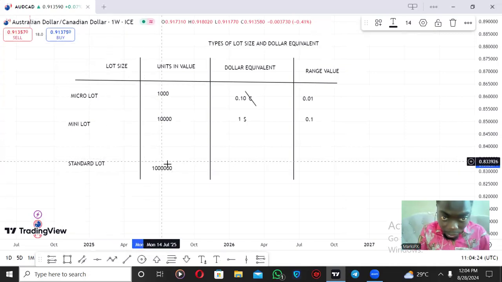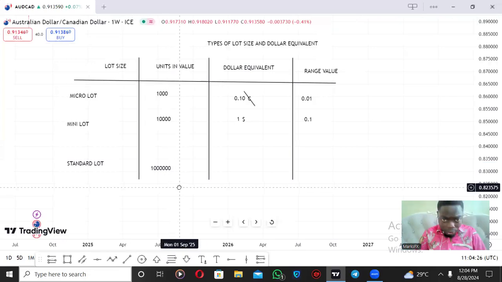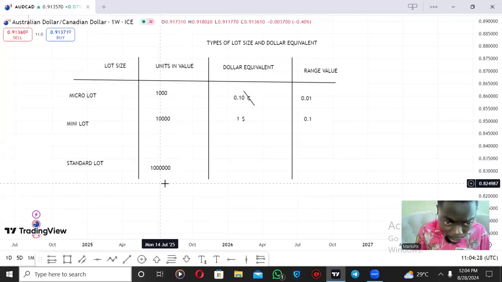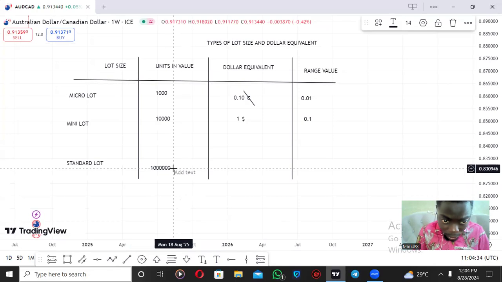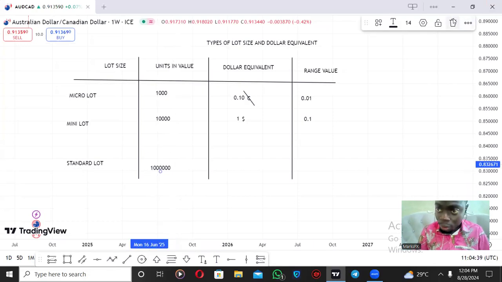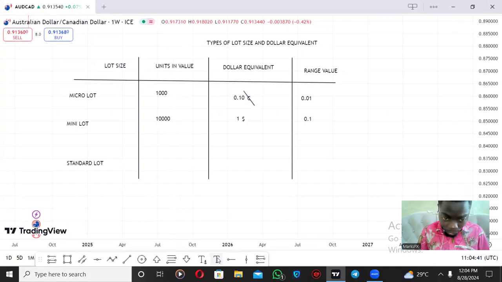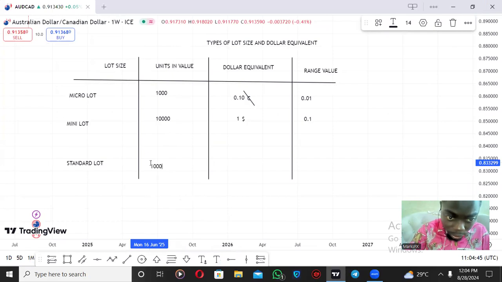That is 10 times the mini lot. 100,000 units.